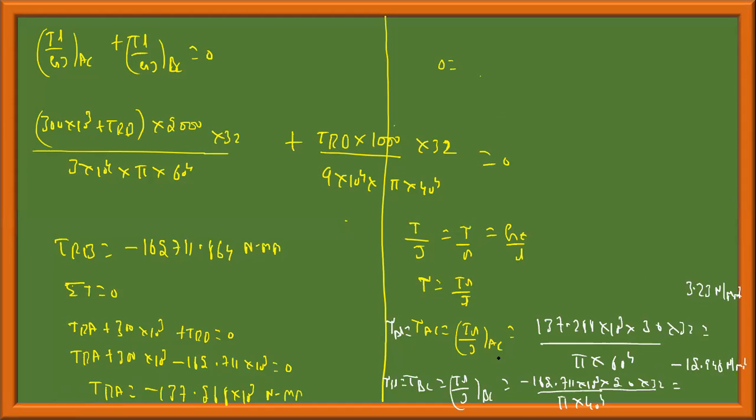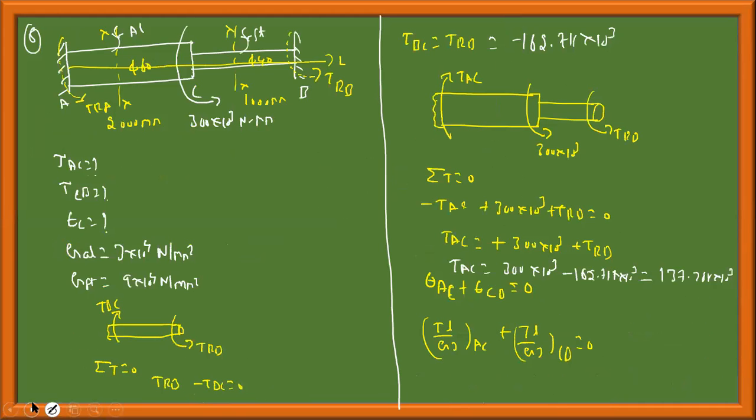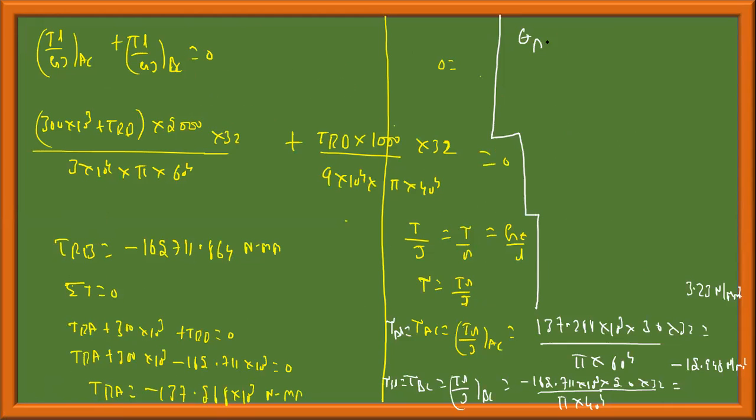We got shear stresses, we got the reaction torques, we are left with the angle of twist. Theta, what is the relation we have written? Theta AC plus theta CB is equal to 0.